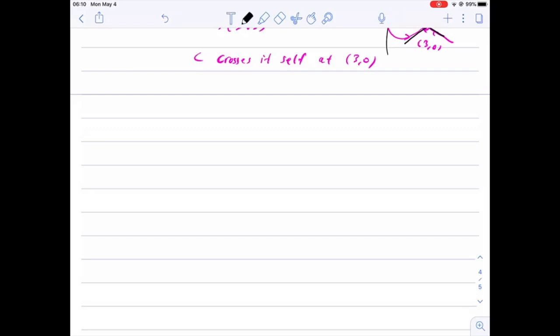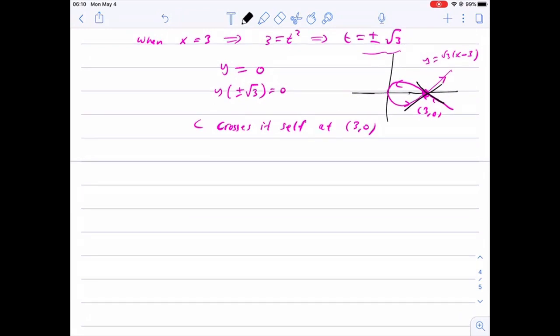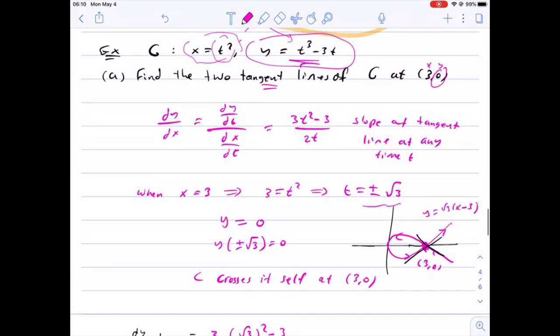Now, if we want to find the tangent lines, we can find the derivative dy over dx at t equals plus square root 3, which is 3 times square root 3 squared minus 3 over 2 square root 3, plugging here.